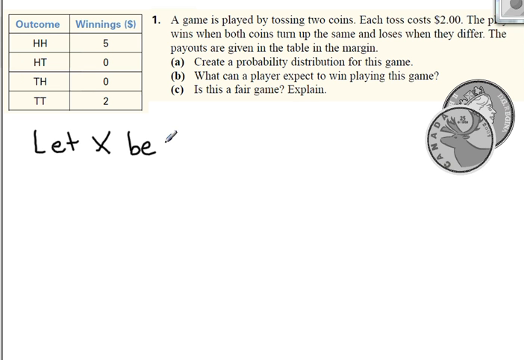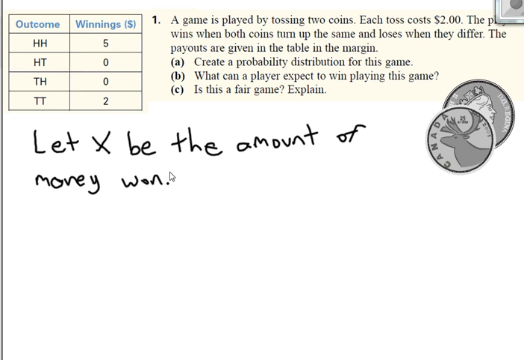So in this case, let x be the amount of money won. So now I've assigned what x is.